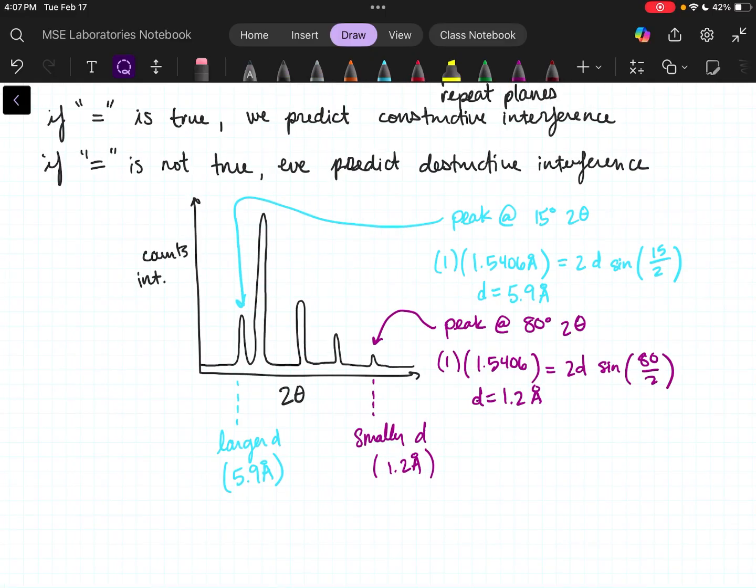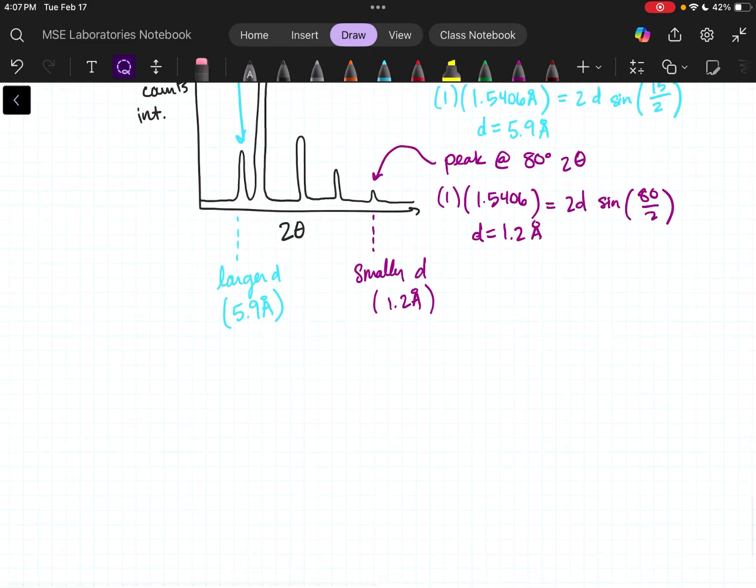So let's talk then about why we care about some of the different values in this equation. So first of all, I've got N. Why do we care about N? At the same D spacing, so let's say D equals 8.8 angstroms, I've just got this one spacing in my crystalline material.